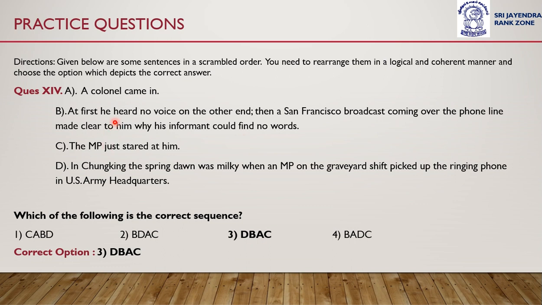D first: in Chungking, the spring dawn was milky when an MP on the graveyard shift picked up the ringing phone. So they are talking about the ringing phone and the MP. So first, he refers to the MP. He heard no voice on the other end.